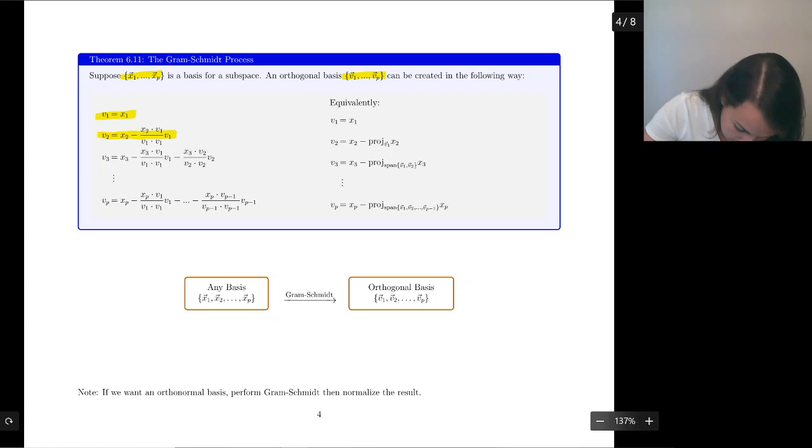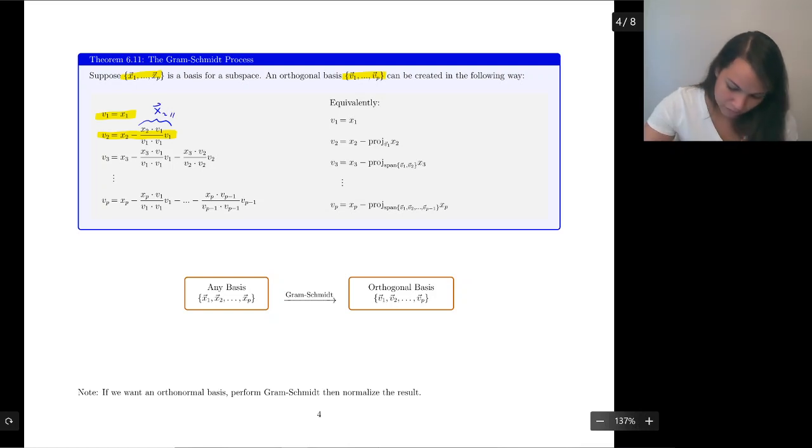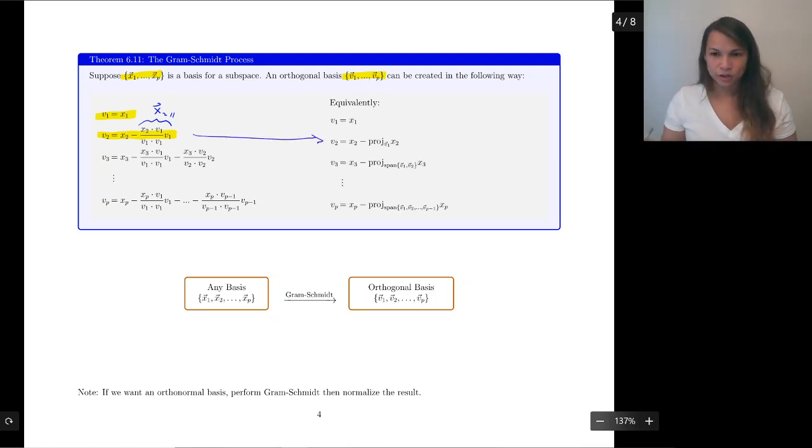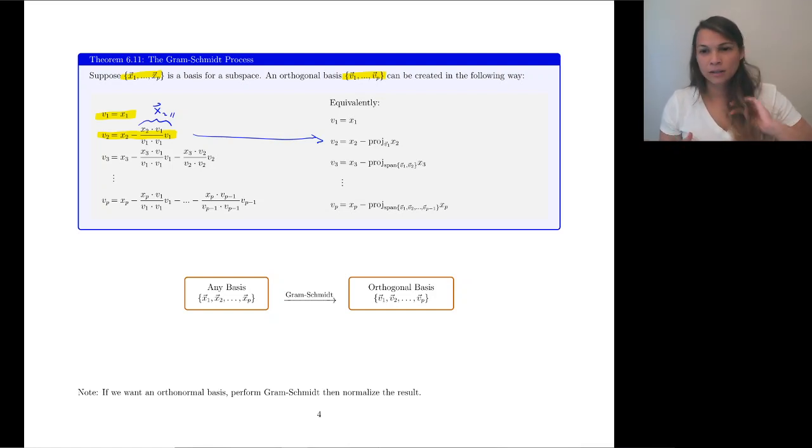Because this right here is x2 parallel. Equivalently, that's x2 minus the projection of x2 onto, and we're going to use v1, not x1, just so that we can build and keep track of.